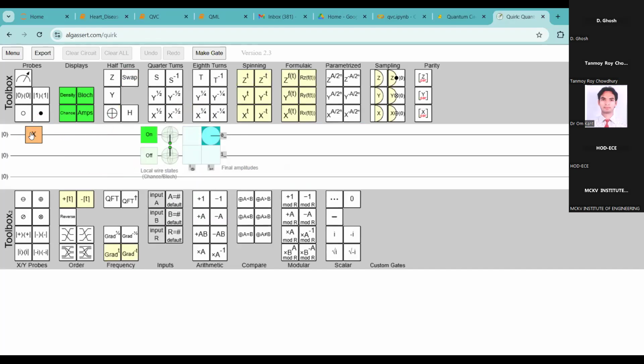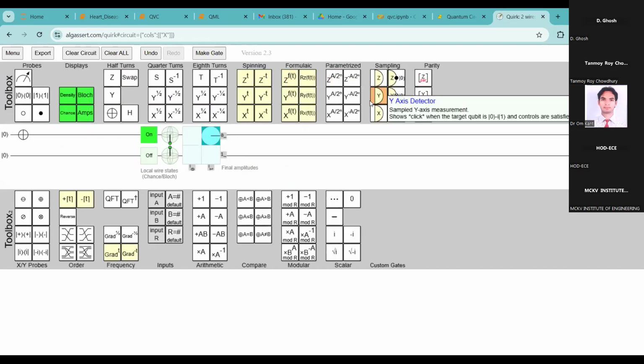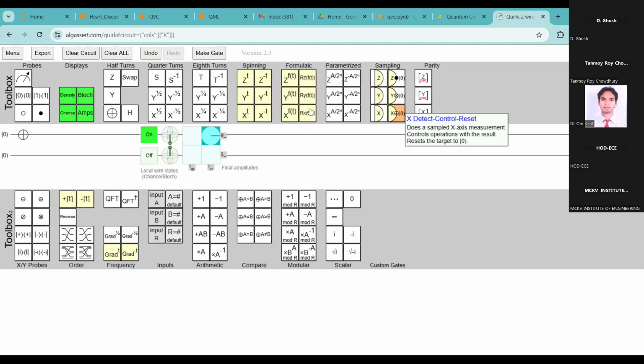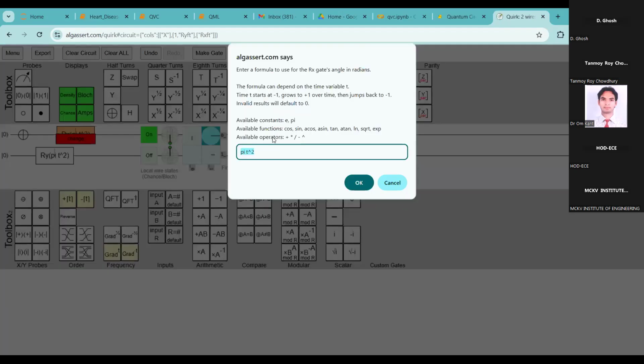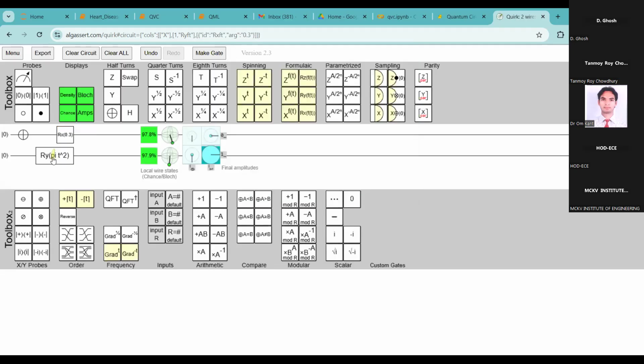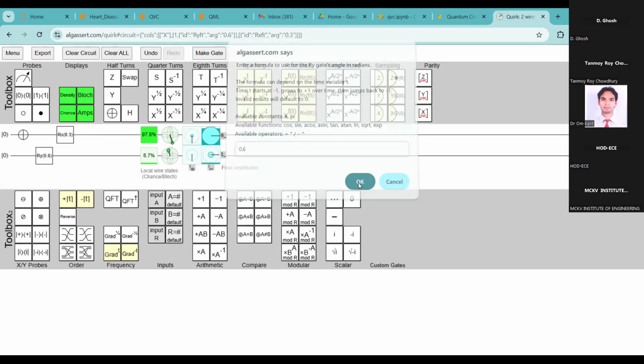I have a NOT gate, I have an RX gate, and I have an RY gate. And now I change this RX to 0.3 rotation, and I change this to 0.6, and I get this.